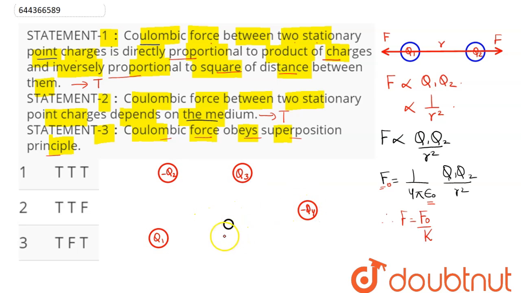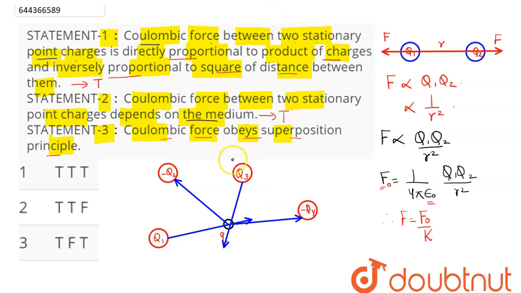So here this charge is our plus q. So we can see here all the surrounding charges will be exerting force on this charge q. So this force is F1, this force will be attractive, let's say F2, this force q3 will be repulsive, let's say F3, this force, let's say q4, will be attractive, let's say here F4.